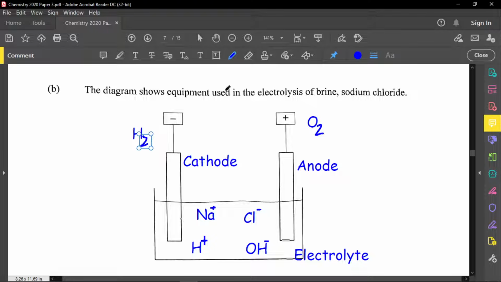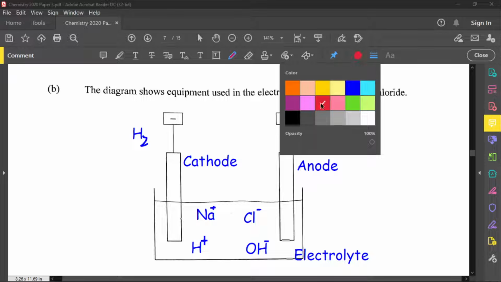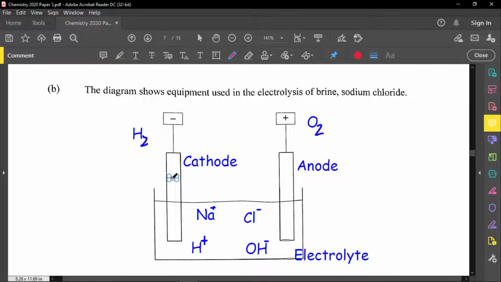Also, what I want to point out with this circuit is that inside of the cathode, you have the electrons that are there. So these are just some electrons there. So electrons will be inside of the cathode, and the reason for this is the way electric current flows.